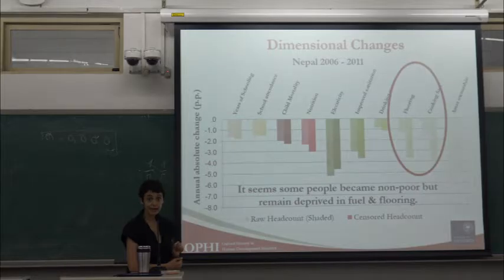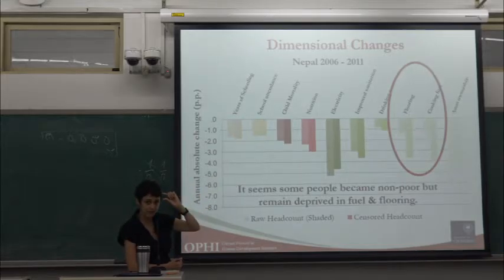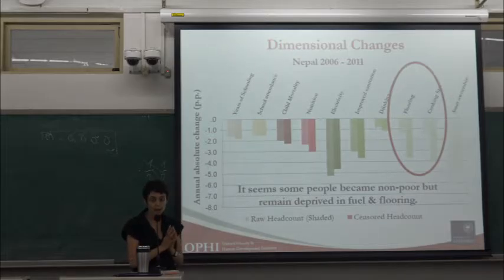So my censored head count tells me flooring went down. But in fact, it didn't go down as much, because the people went out of poverty but are still deprived in flooring. That's why the raw head count, which looks at deprivations in the population, just went down a little bit. This might not be straightforward, but what I want to transmit is: be careful.